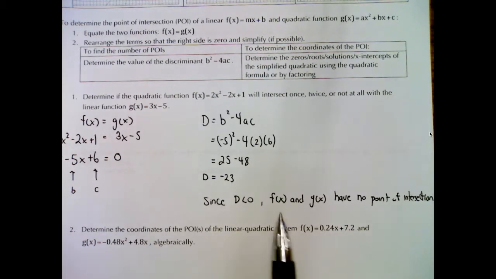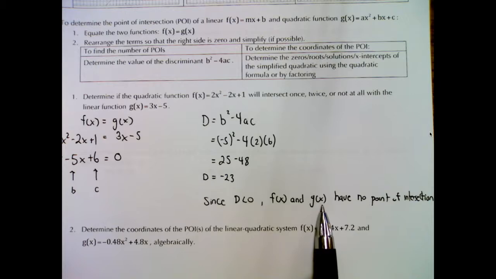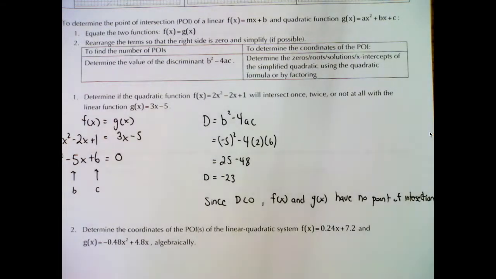You could also say that there is no solution, or g of x does not cross f of x. Many ways to make your conclusion there. So how many times will they cross? Set them equal, isolate for 0, say 0 equals, and use the discriminant.